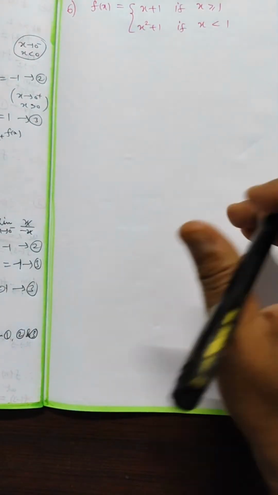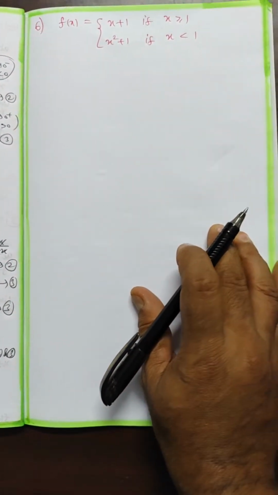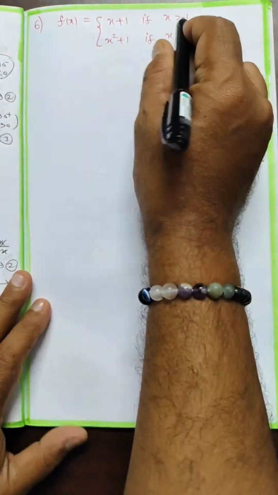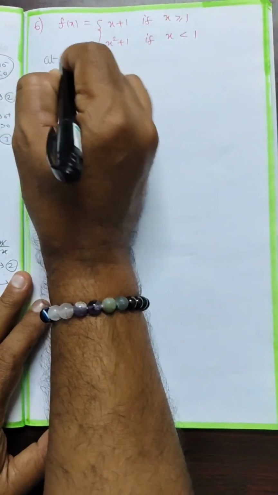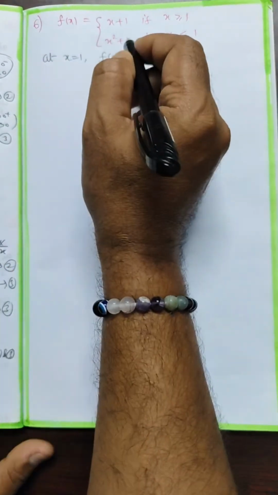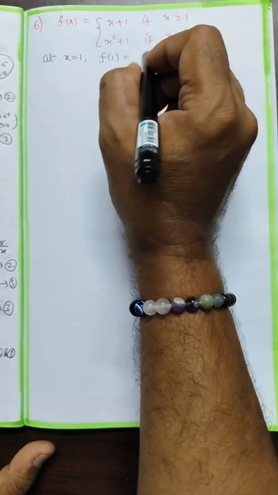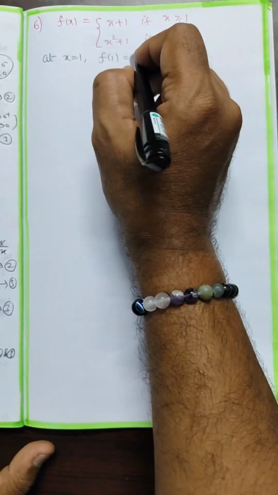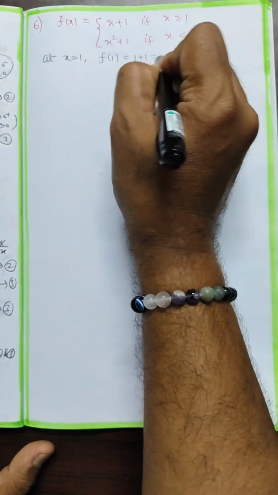So first we have to verify at x is equal to 1. At x is equal to 1, function value f of 1 is equal to, substitute x is equal to 1, 1 plus 1 which is equal to 2.